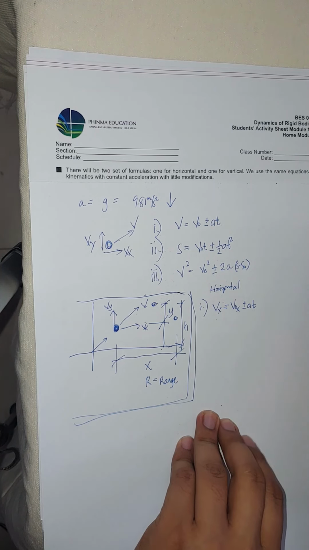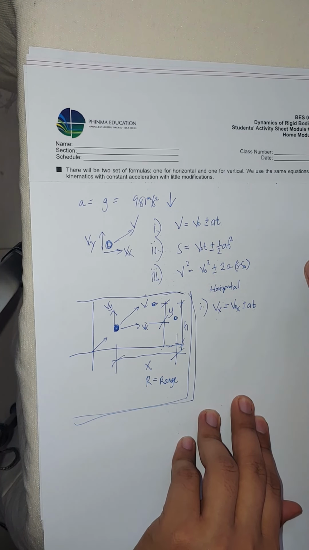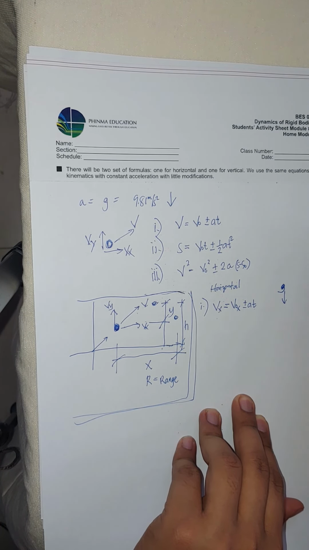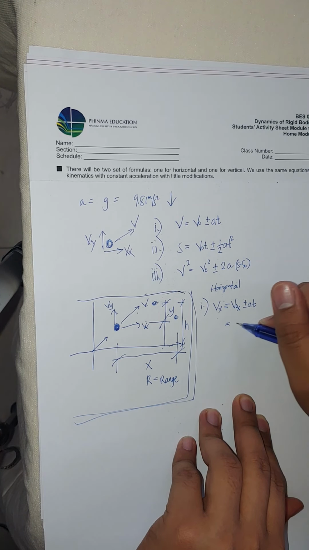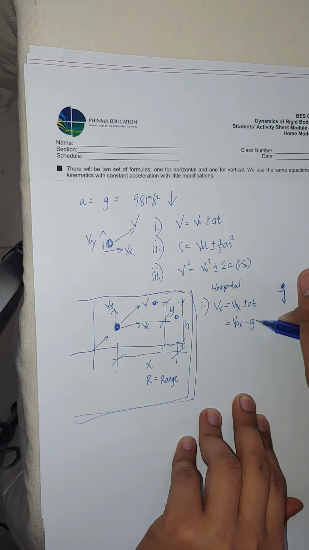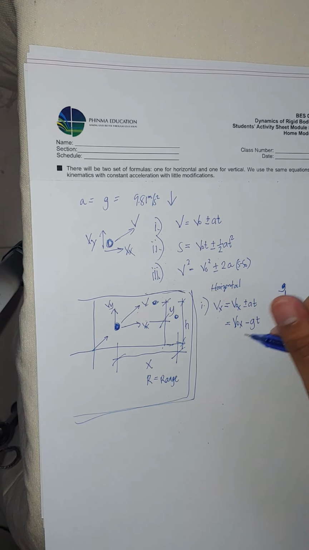Remember that for the motion of a projectile, we consider only gravity as the constant acceleration. Since it is a downward acceleration, it is negative. So Vox minus gt. We can write it this way.